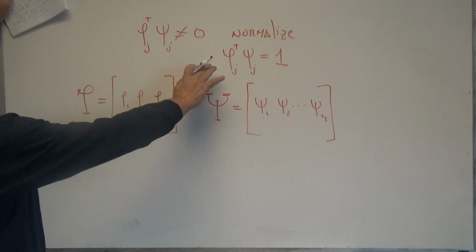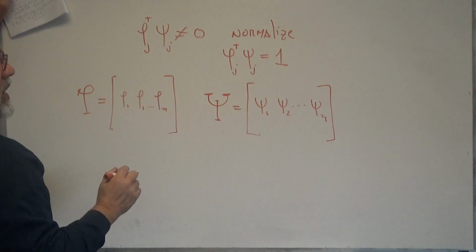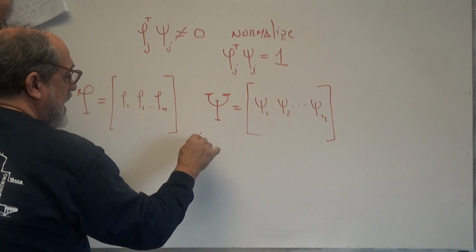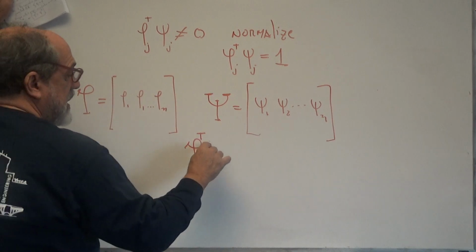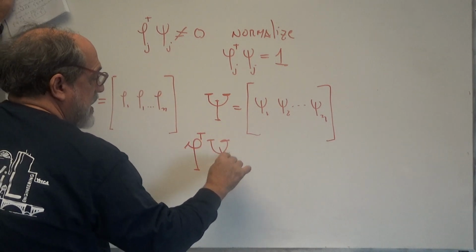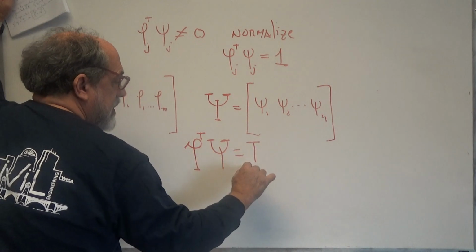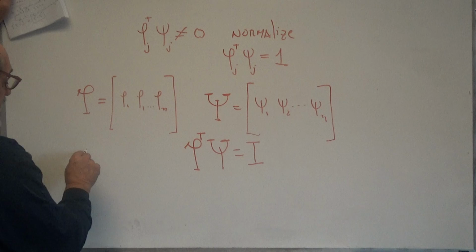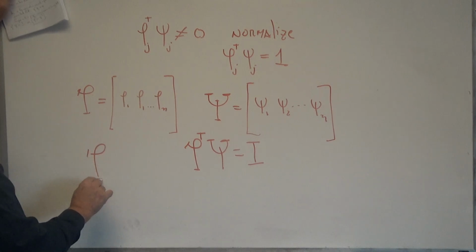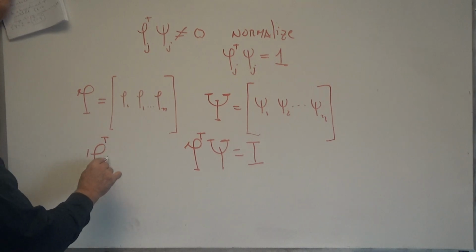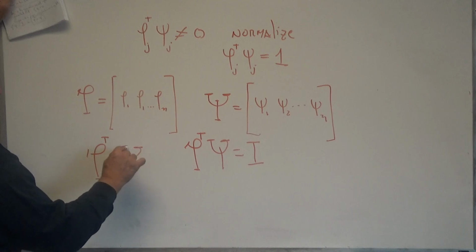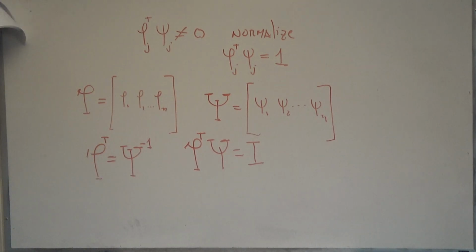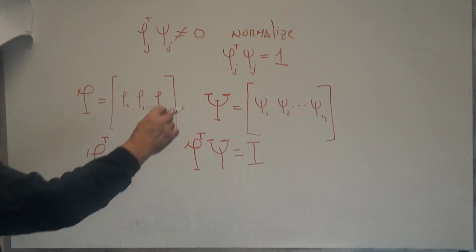Then this that we have here, and assuming that we have the appropriate normalization, means that this matrix times this matrix is the identity, right? Or, what is the same, that the transpose of the left side eigenvectors is the inverse of the right side eigenvectors, provided that the normalization has been done appropriately.